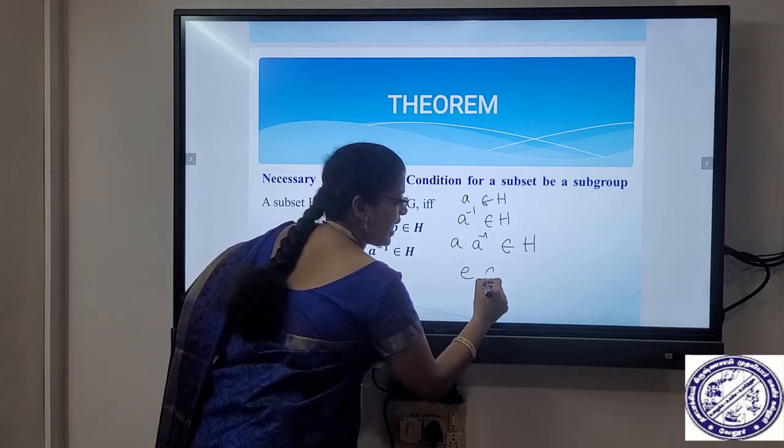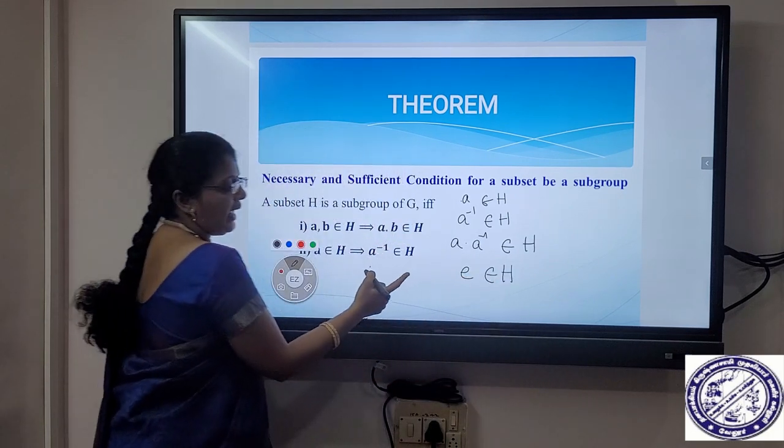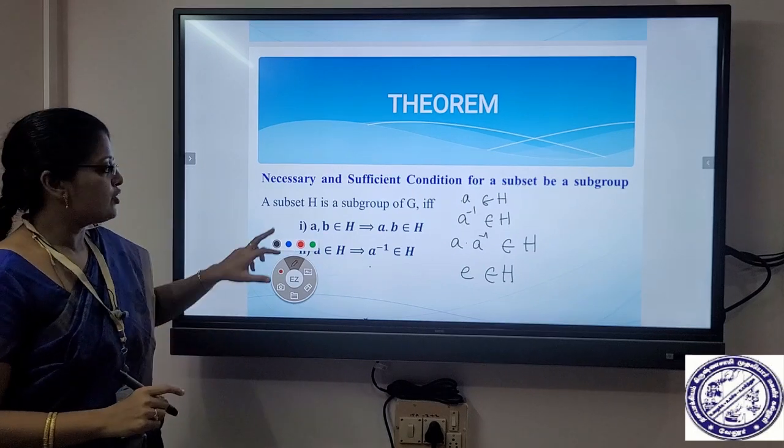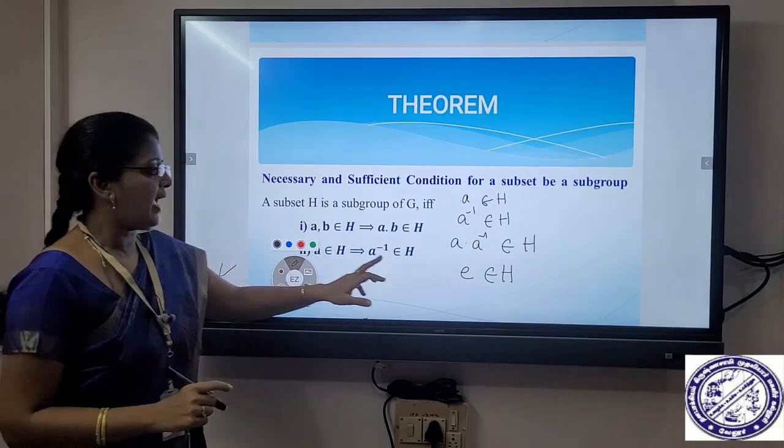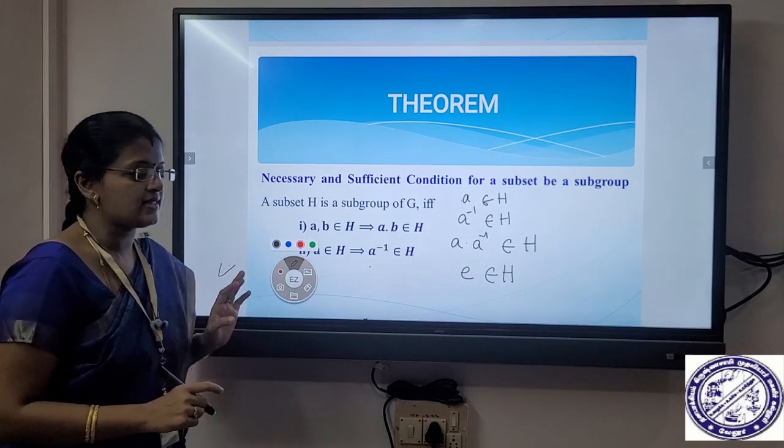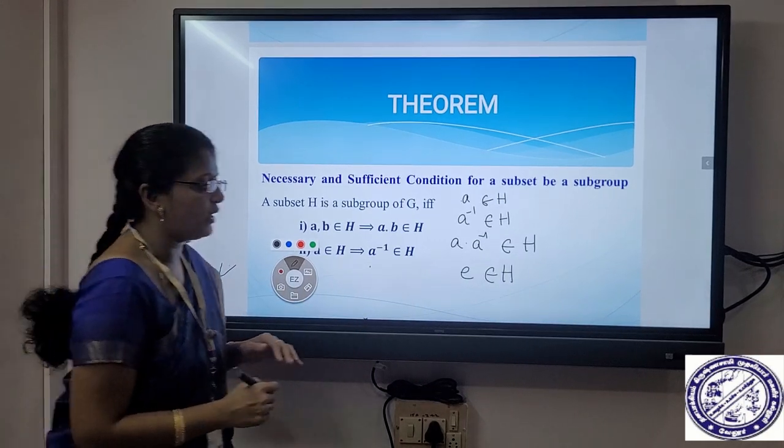That is the identity element E. So the identity element exists. So the closure condition is used, and the identity and inverse exist. Only the associative condition we are going to prove now.